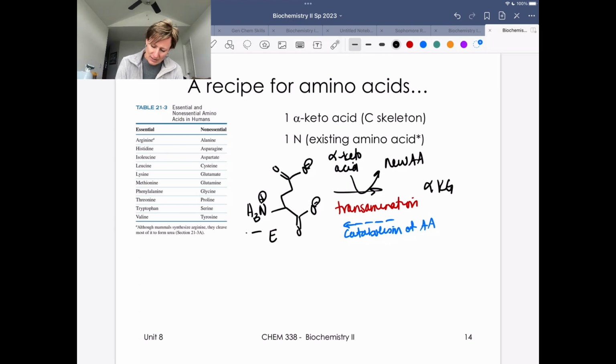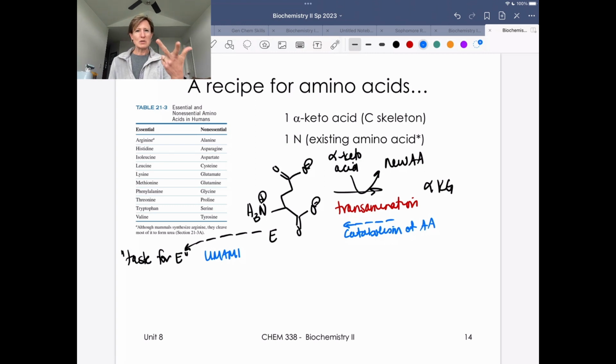So the key in this story is recognizing that since glutamate is such an important building block in that recipe to generate amino acids, we actually have a taste for E. We have a taste for glutamic acid, and that is the fifth taste sense, which is umami. We have sweet, salty, bitter, sour.